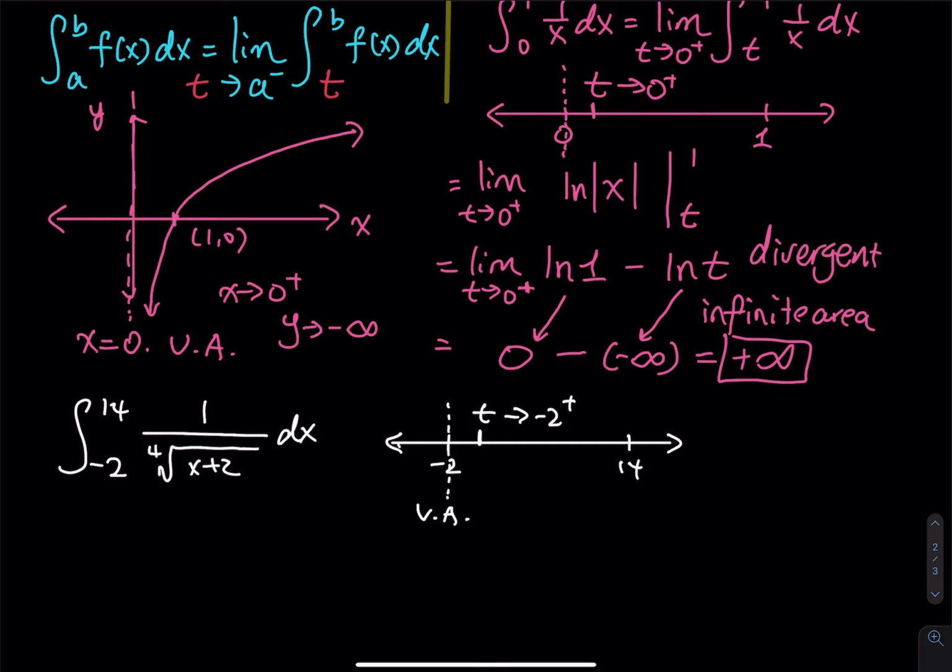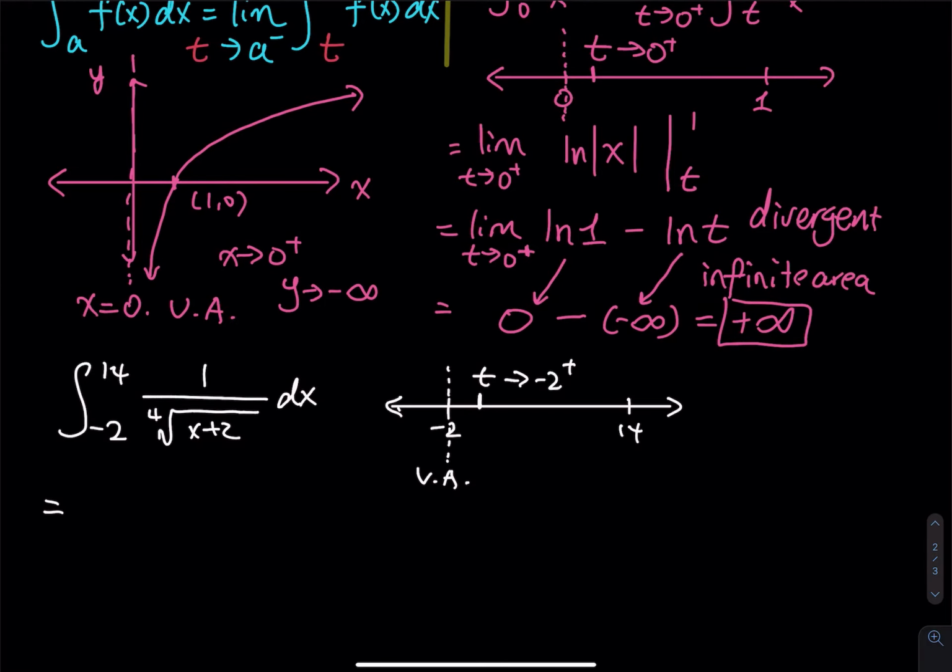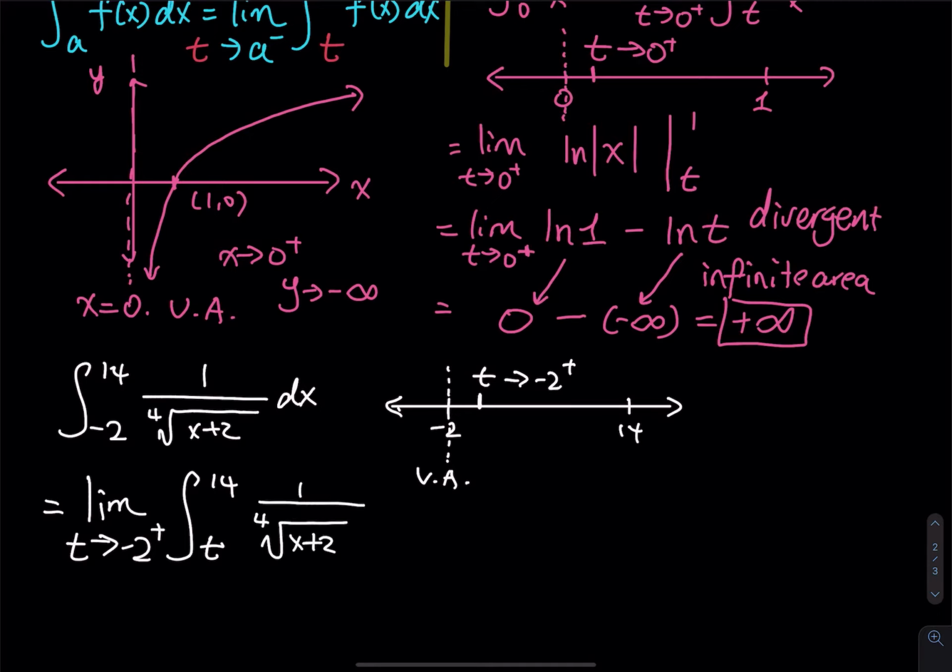And then you set up your limit, so that is equal to, please start with a new line with an equal sign, the limit as t approaches -2 from the right of the integral from t to 14, 1 divided by the 4th root of x plus 2 dx.